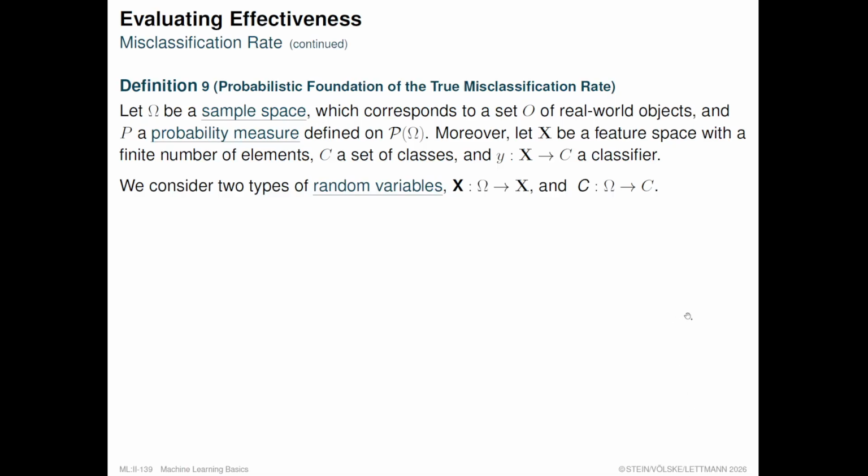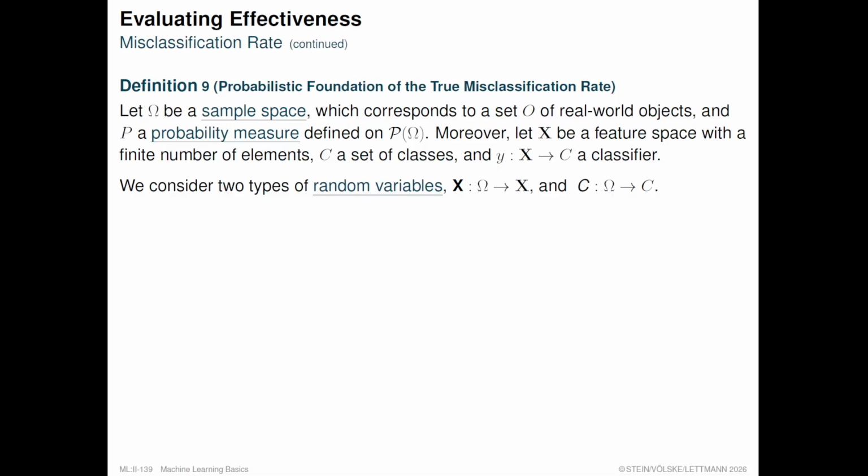So what we have is a probability measure and a sample space, which means that we have some object that provides us with randomness. That's the idea, but mathematicians don't really like randomness unless they can formalize it and control it. So they introduce this sample space and probability measure, and this really allows us to control and formalize how probability works here.